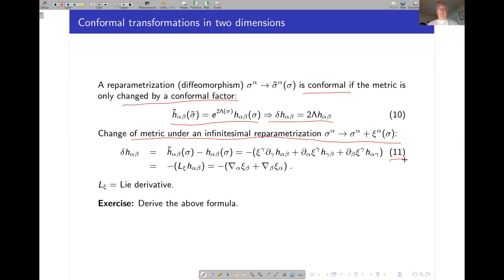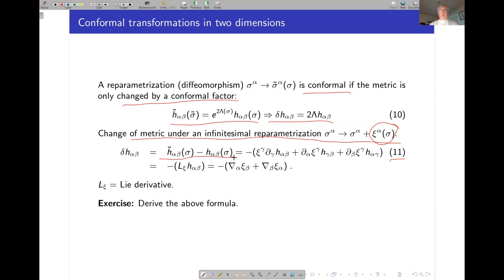Here, when I say infinitesimal, I didn't write explicitly a small parameter epsilon, but it's understood that this function psi alpha, the so-called generating vector field of the reparametrization, is infinitesimal, so that whenever we expand out, we can neglect any terms which are order epsilon squared. The variation is defined in this way: we take the transformed and the original tensor at the same point and compare.